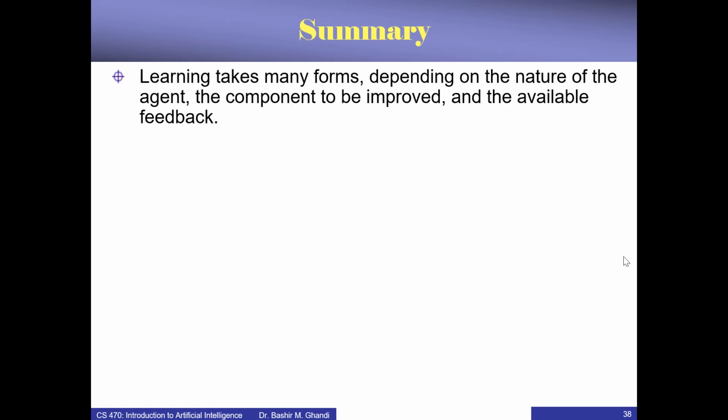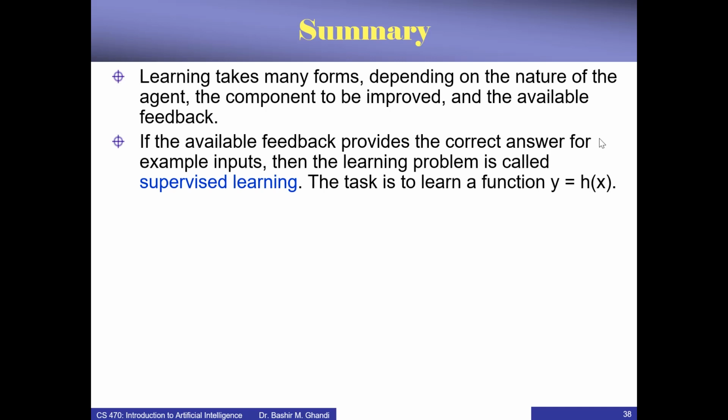Now, in summary, in this lecture, we learned that learning takes many forms depending on the nature of the agent, the component to be improved, and the available feedback. Okay, we have seen there is supervised learning, unsupervised learning, and reinforcement learning. If the available feedback provides the correct answer, for example, for inputs, then the learning problem is called supervised learning.